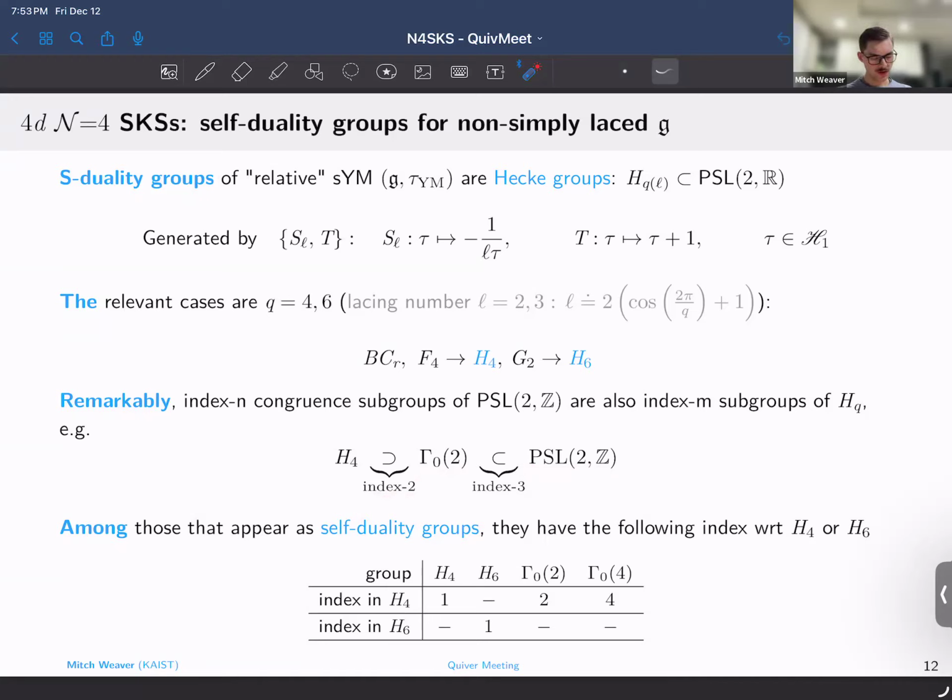Among those that actually appear as self-duality groups, not only for us but in the case of the global variance, they have the following index with respect to H4 and H6. And just to complete the picture, gamma 0 4 is actually index 6 with respect to PSL2Z.